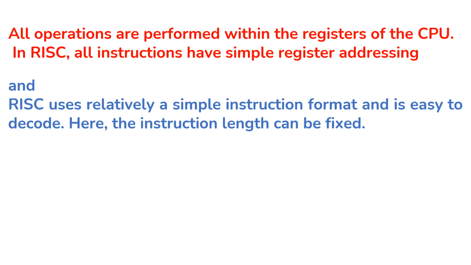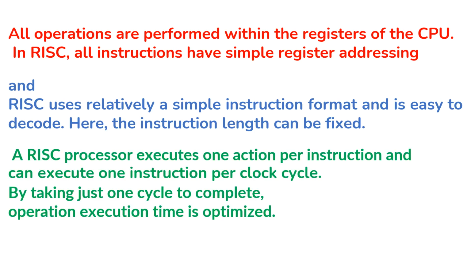RISC uses a simple instruction format, and we can easily decode this simple instruction format. The instruction length is fixed, and it can execute one action in one instruction, and it can run one instruction per clock cycle.